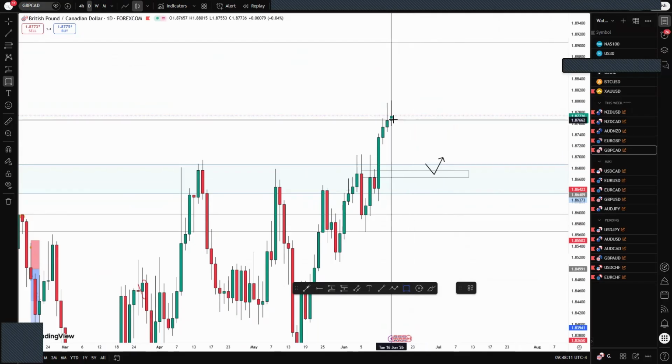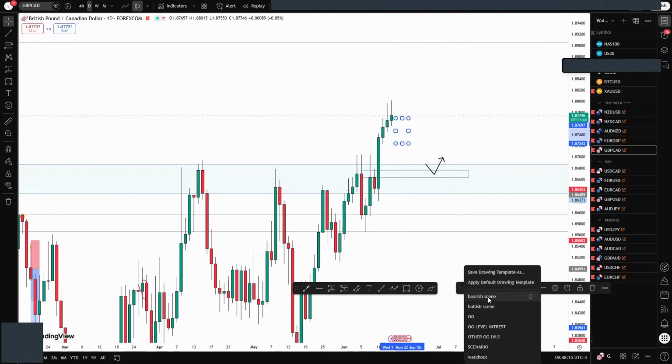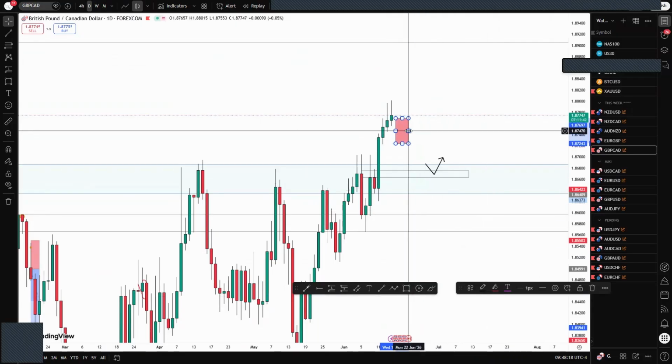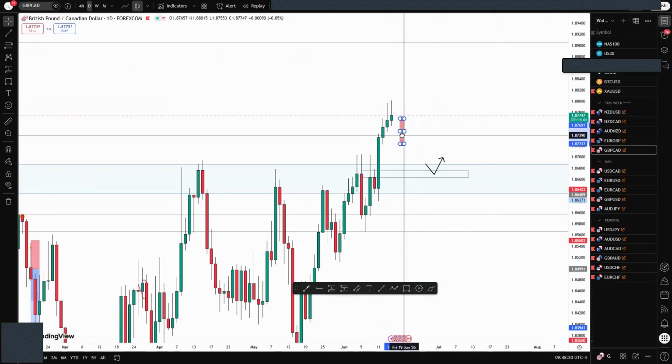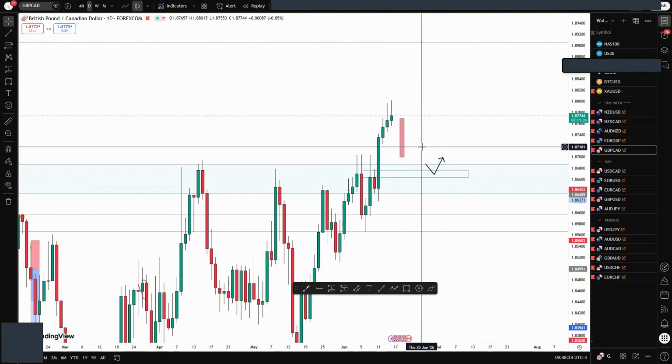So anytime soon we might start having the daily retest. You see, anytime soon we might start having this retest. So that's what we are waiting for.